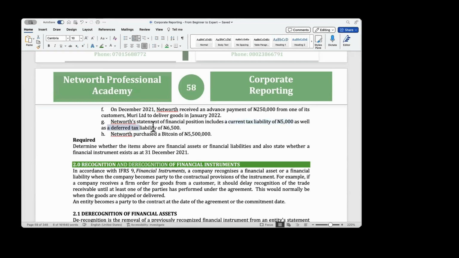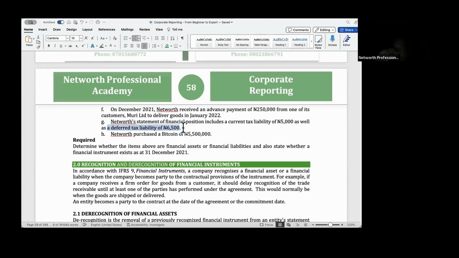Deferred tax is even clearer, because deferred tax does not give rise to delivery of cash, because you are never going to pay it anyway. Deferred tax is just an accounting measure to match accounting with tax, right? It's just like an accrual for tax. So deferred tax is not a financial liability, because you don't have an obligation to deliver cash.